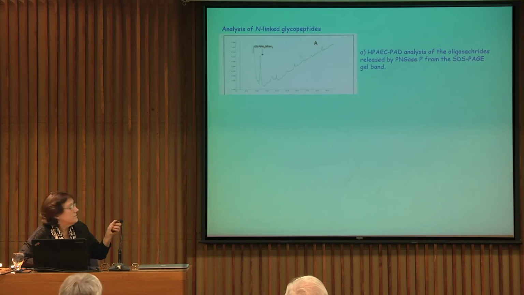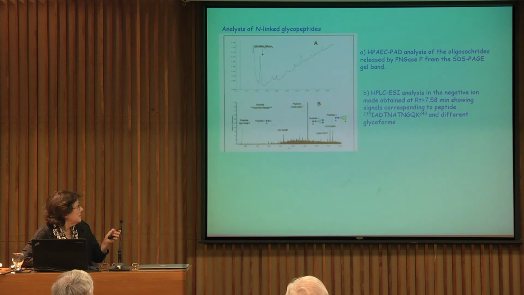on the other side, we performed a PNGase F digestion of the shell and detected by anion exchange chromatography peaks corresponding to the released oligosaccharides. This is the mass spectrum corresponding to 7.5 minutes, corresponding to this peptide 233-243 containing the N-glycosidic sequence, and very near, different glycoforms of the same peptide.